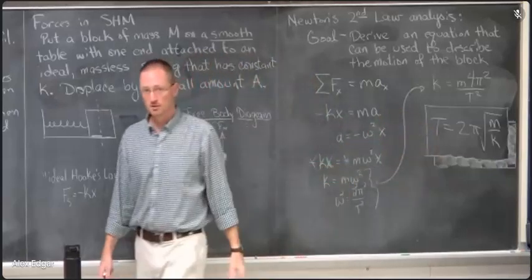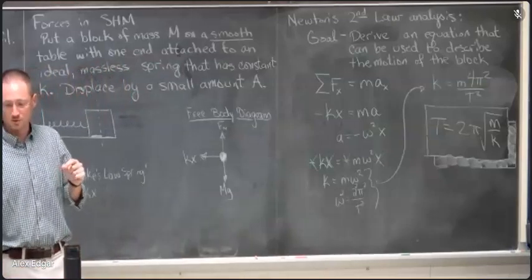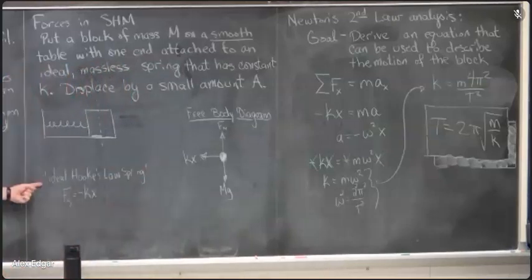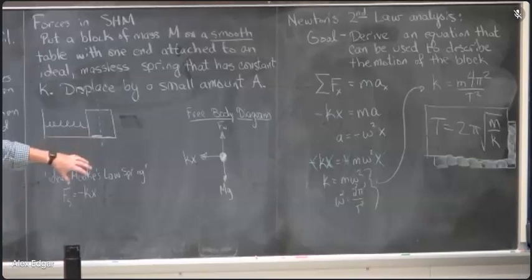This is a general solution that applies to the situation where we have the ideal Hooke's law spring. All ideal Hooke's law springs act like this. However, not all springs are Hooke's law springs. So since not all springs are Hooke's law springs, you need to be able to reconstruct that for non-Hooke's law springs.